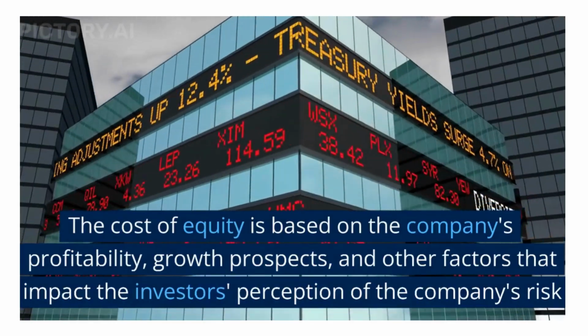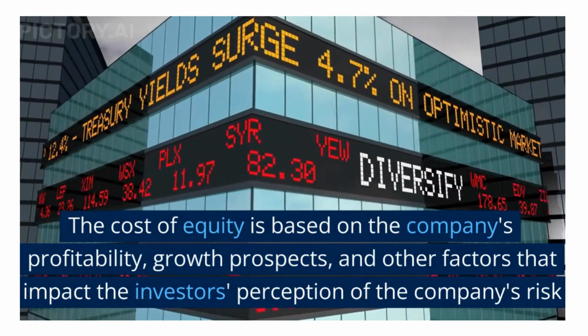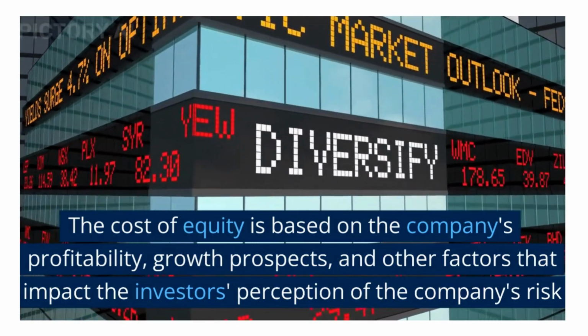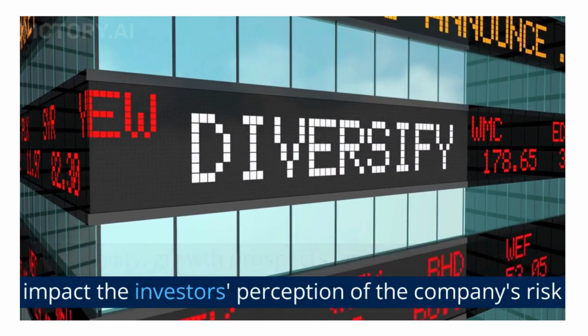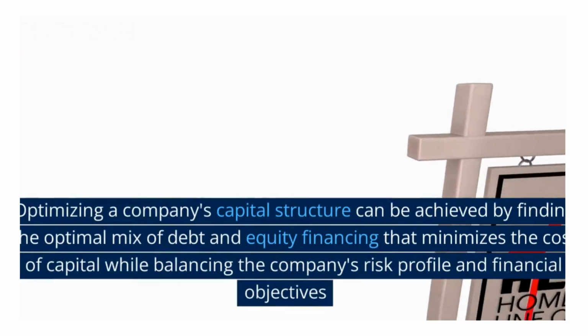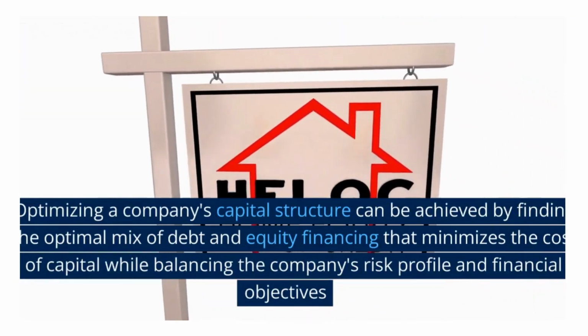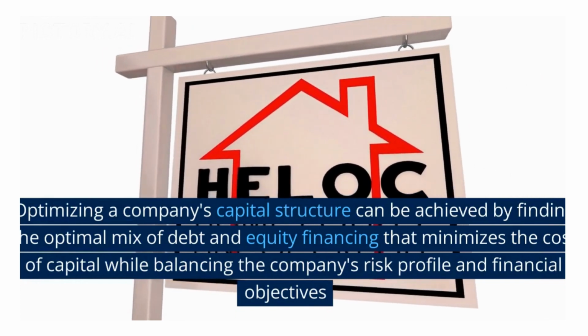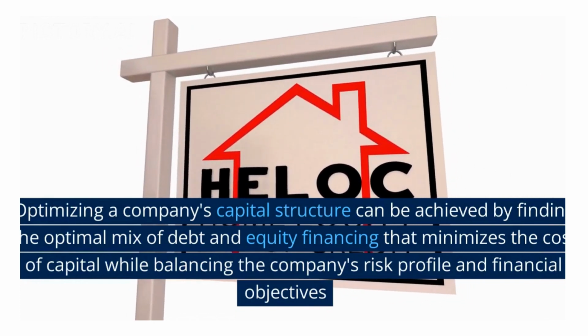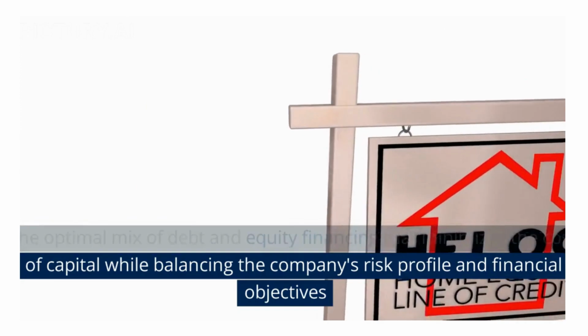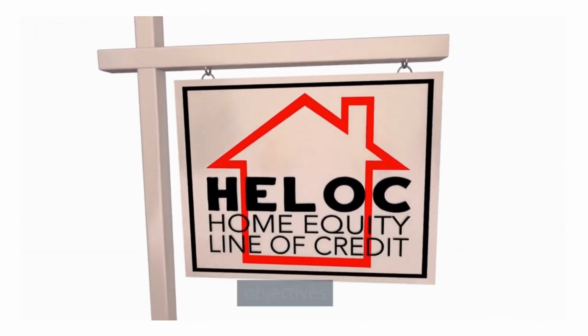The cost of equity is based on the company's profitability, growth prospects, and other factors that impact the investor's perception of the company's risk. Optimizing a company's capital structure can be achieved by finding the optimal mix of debt and equity financing that minimizes the cost of capital while balancing the company's risk profile and financial objectives.